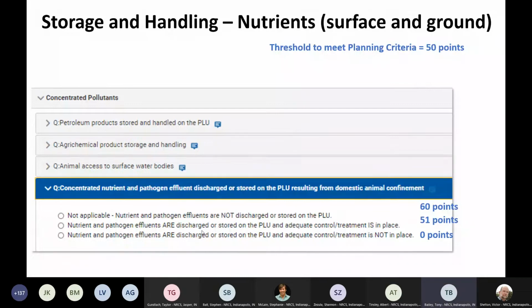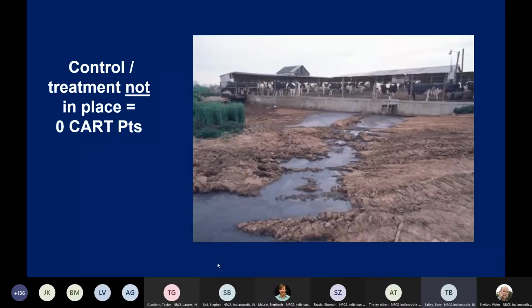Additionally, how the nutrients and pathogens are stored and handled, or potentially discharged from the farmstead. If it's not applicable, it's 60 points, and if we do have control, it's 51, and if we have no control in place, it's 0.